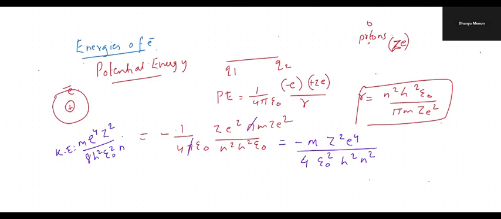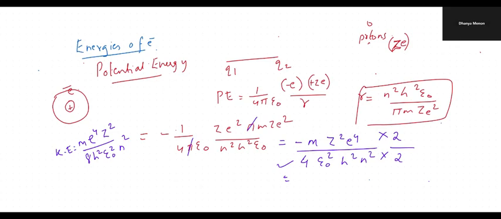Is this potential energy equation similar to this? It is similar if we multiply the numerator and the denominator by 2.